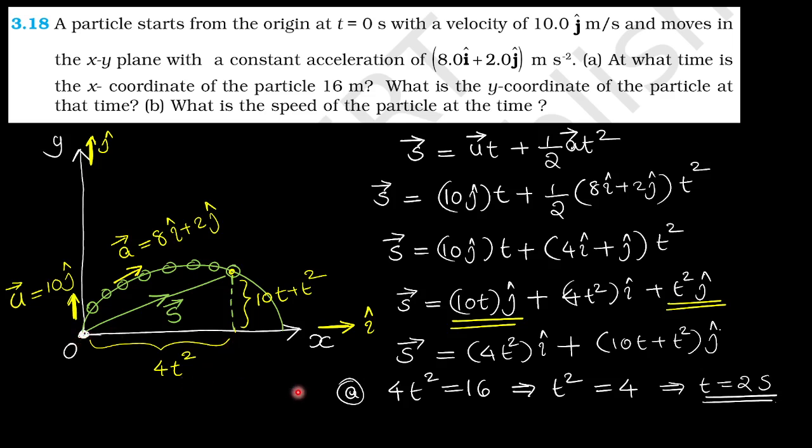So the x coordinate is equal to 16. X coordinate is 4t square, which is equal to 16. Okay, so I get t equal to 2. Clear? Suresh, Devasri, Aryan, understood? Please respond.